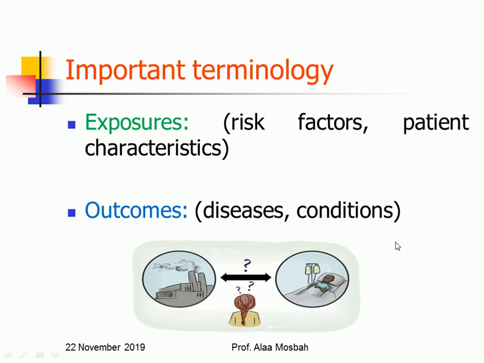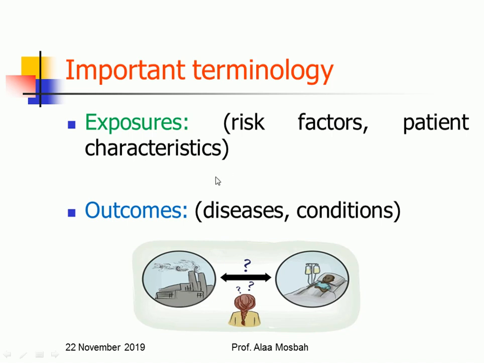Give me another example. Suppose a diabetic lady during pregnancy. Diabetes here is considered the exposure, and I am searching for fetal outcome. Complications will happen in the fetus, like congenital heart disease, for example.